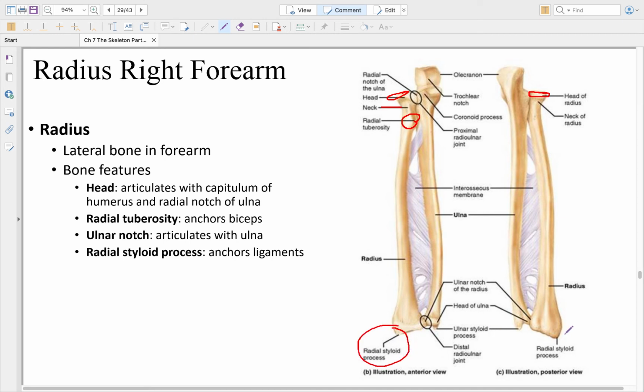It's this little kind of point. There it is. And then we have our ulnar notch. And it's just where the ulna and radius connect.